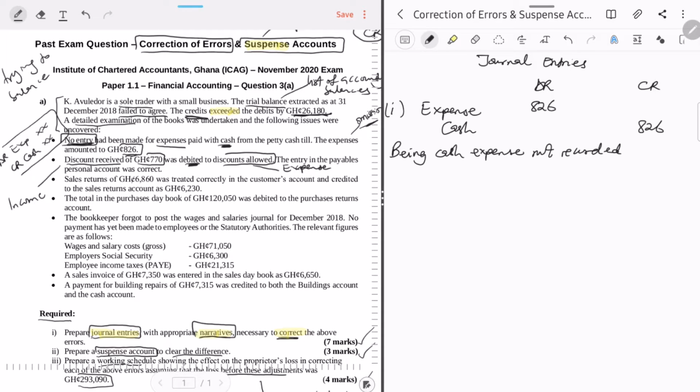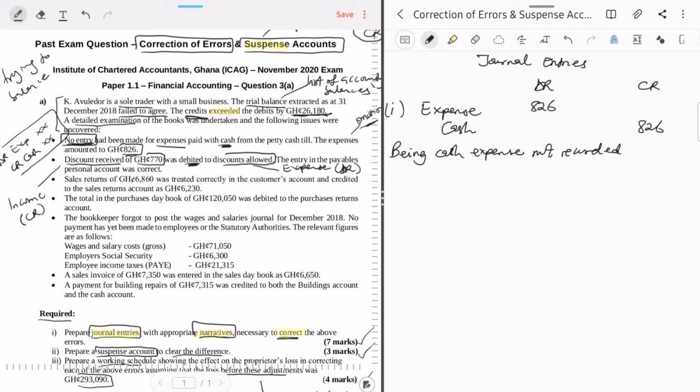Now, if discount received is an income account, we know that all income items have what? A credit balance. We know that all expense accounts have a debit balance. So keep this in mind. So far, you've learned that all assets have debit balances.